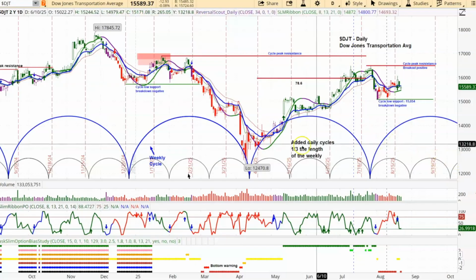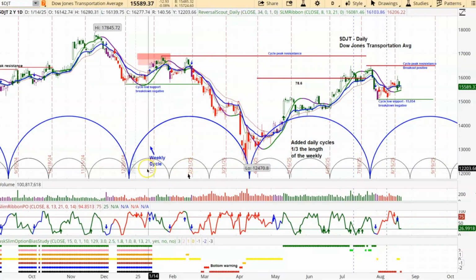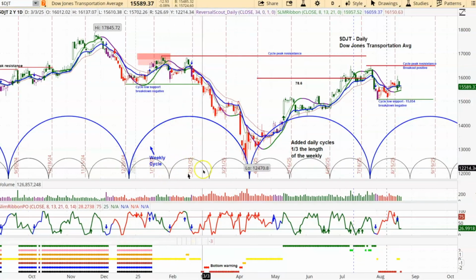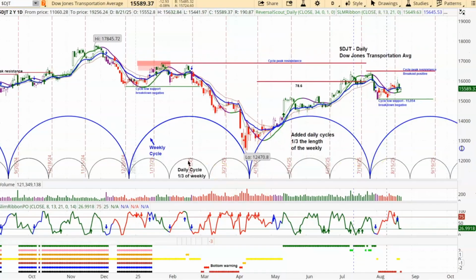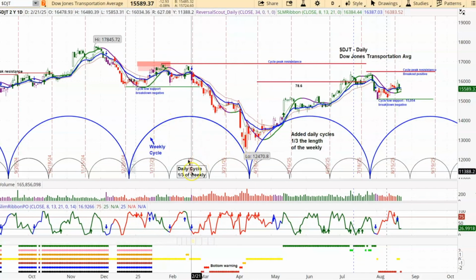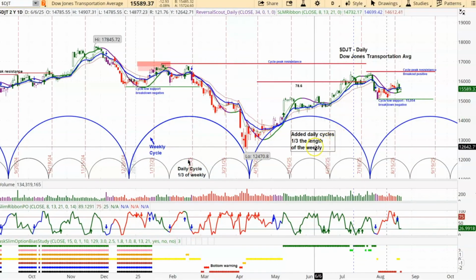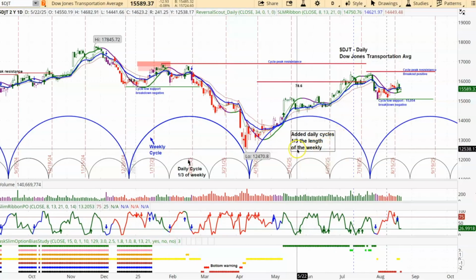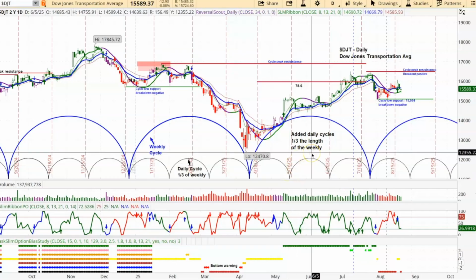So now what I've done is I've looked at the weekly right over here, and I've broken it down into the daily. So this is the next step that you see right there. And the daily cycle, right, this is the weekly cycle right there, and this is the daily cycle right over here. So we've added in the cycles for the daily, which happened to be lining up 1/3 of the length of the weekly.